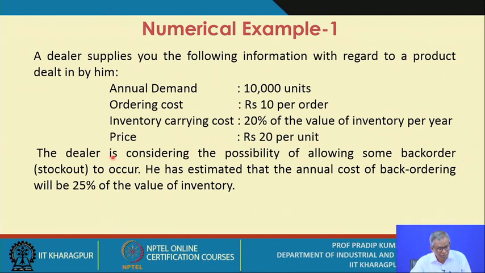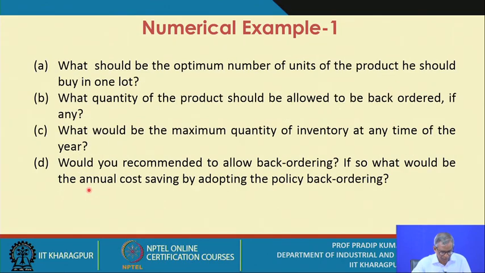That is the unit price. The dealer is considering the possibility of allowing some back order, that means the stock out, to occur. He has estimated that the annual cost of back ordering will be 25% of the value of inventory. Is it okay? Whereas the holding cost is 20%, but the back ordering cost is 25%.